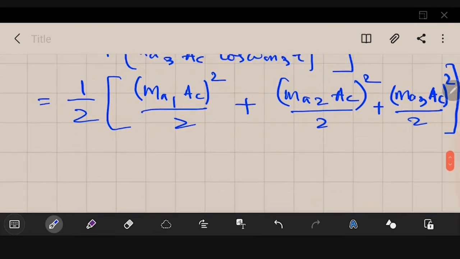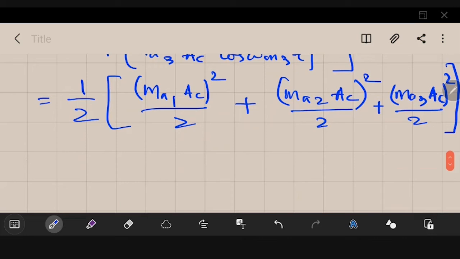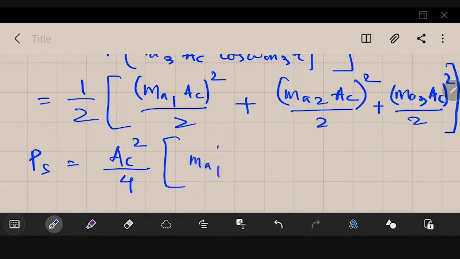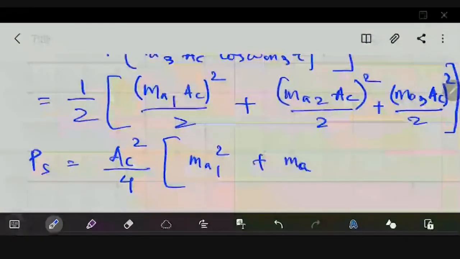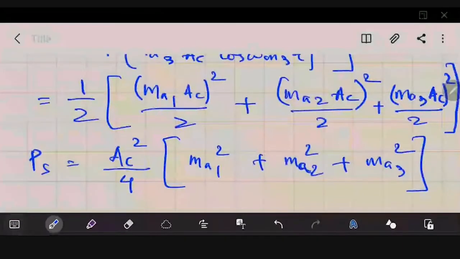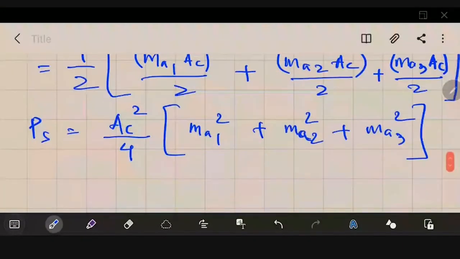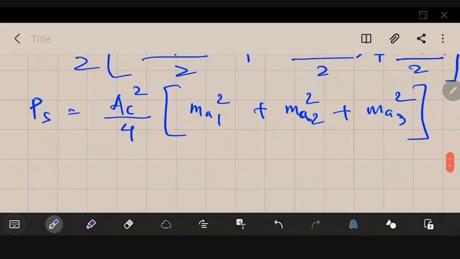So now let us find out, let me write it in this form, that PS is equal to, if you could take that half out common outside, and you could see that AC is common, so we could also take out AC. So we could write it like this, AC square by 4. Then in the bracket, I have MA1 square plus MA2 square plus MA3 square. Okay. So since I have got the sideband power also, now we could calculate the total power.